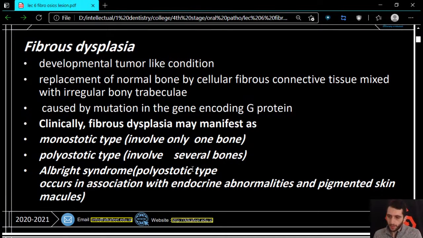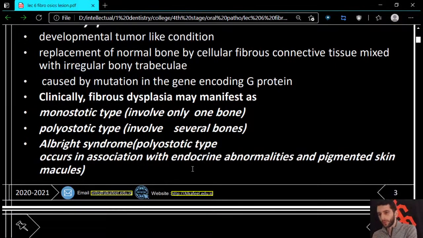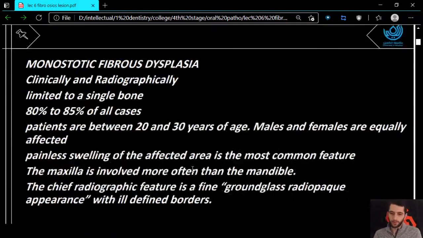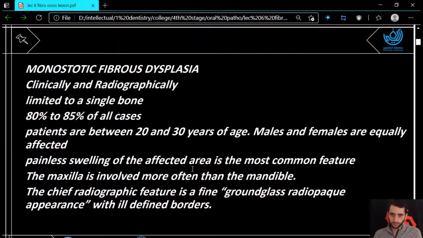It is in association with endocrine hormone abnormalities and pigmented skin. Starting with monostotic fibrous dysplasia.